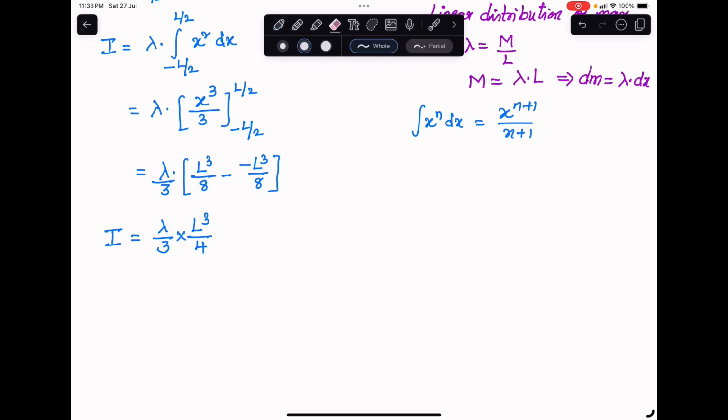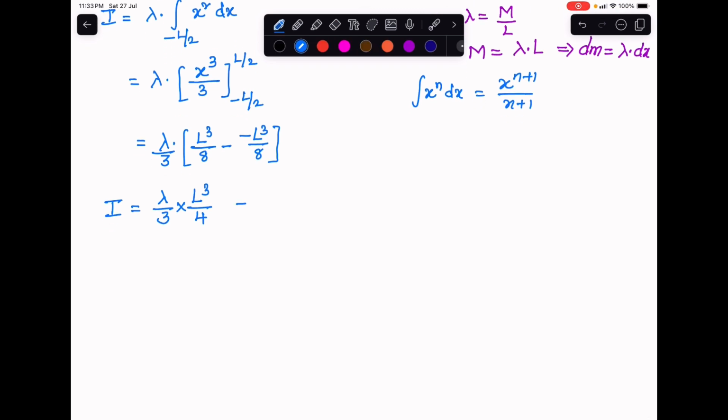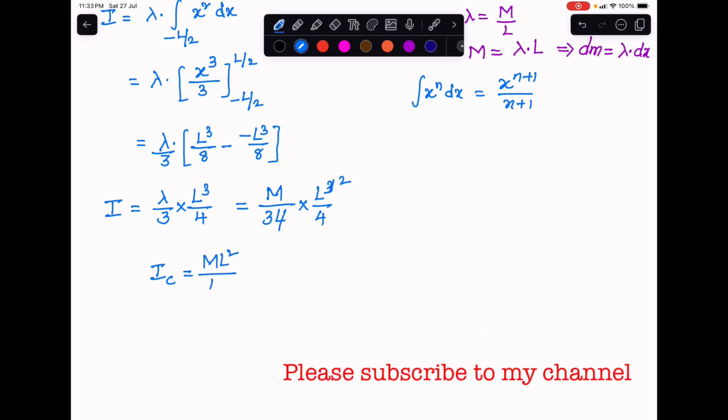Now let me substitute lambda also. What is lambda? Mass per unit length, that is M by L, into L cube by 4. Cancelling one L will give you the moment of inertia about the center of mass, perpendicular to the thin rod, as ML square by 12. That's it.